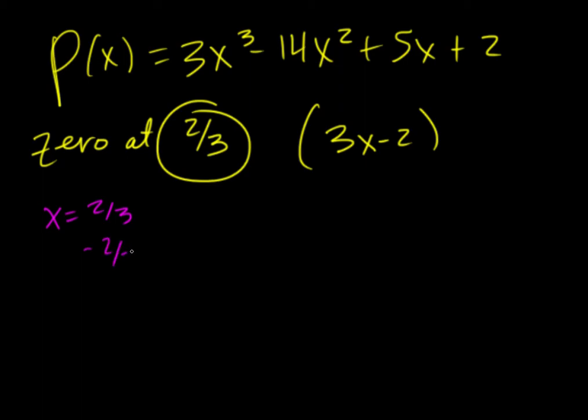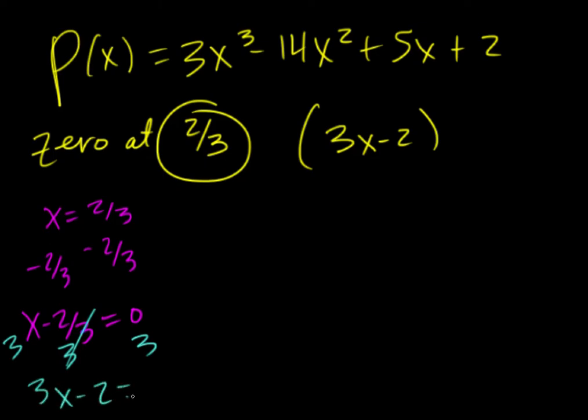So we subtract 2/3 from both sides. And then we don't want a fraction, so we multiply everything by 3. The 3's cancel here. We get 3x minus 2 is equal to 0, and 0 times 3 is 0. And that's how we know that that's a factor.